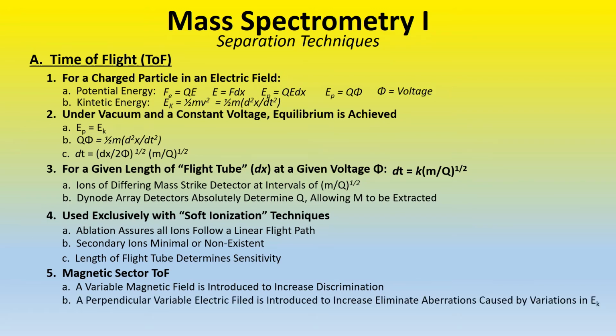A perpendicular electric field is then applied over the magnetic field to basically collimate the sample and to expel any ions that have slightly slower speeds based purely on the time at which they enter the chamber.